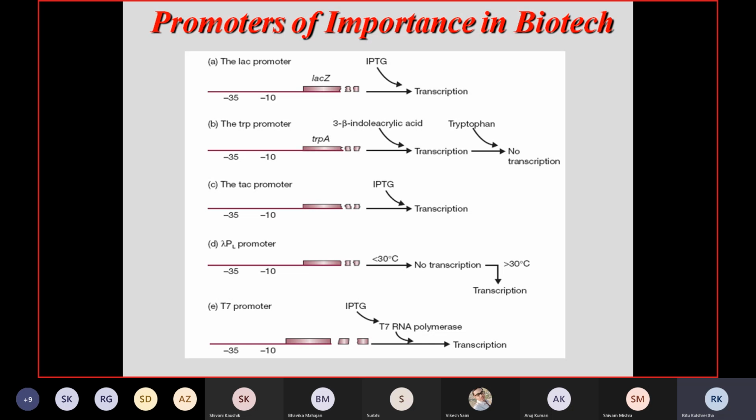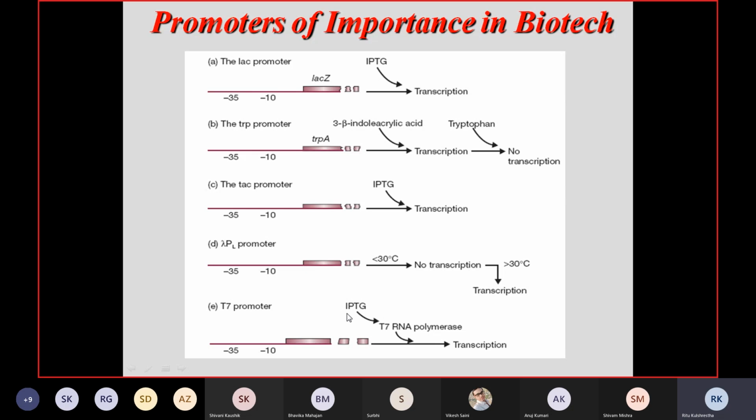And the last is T7 promoter, which I've already told you. T7 promoter is the promoter which you will find in many famous commercially available cloning vectors, and this is inducible in response to T7 RNA, means T7 RNA polymerase binds to this particular promoter, but this whole system is IPTG inducible.